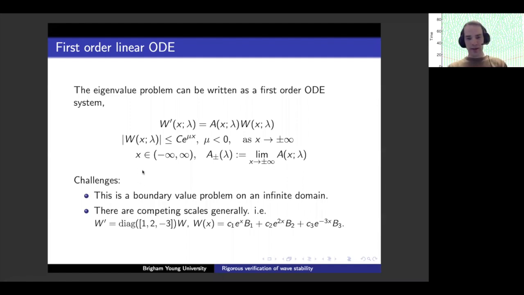And then here's the actual main challenge, and that is that there are competing scales generally.